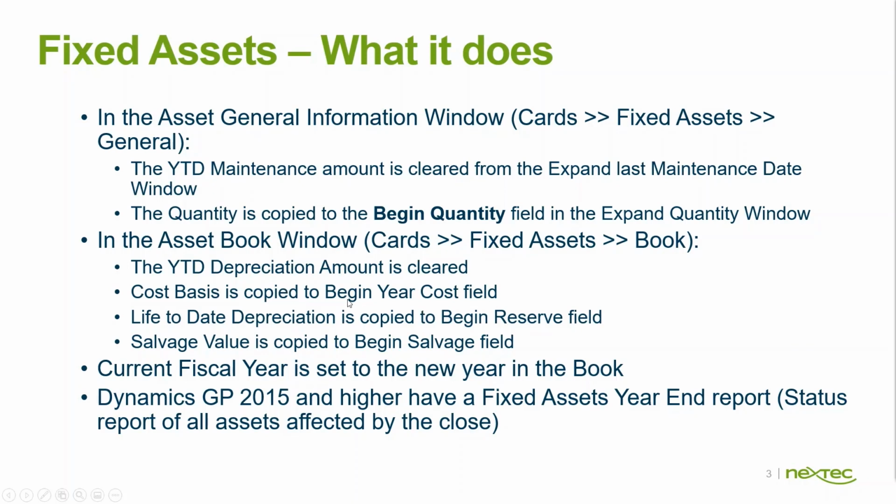Cost basis will be copied to the begin year cost basis field, and the life-to-date depreciation is copied to the begin reserve field. The salvage value is copied to the begin salvage field. The current physical year is set to the new year in the book. And in GP Dynamics 2015 and higher, you do get a fixed assets year-end report.